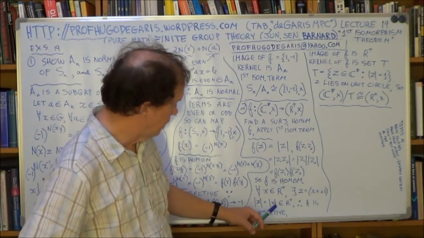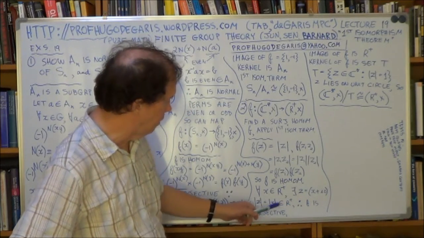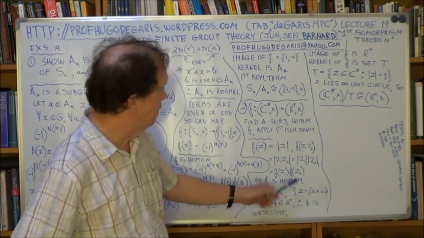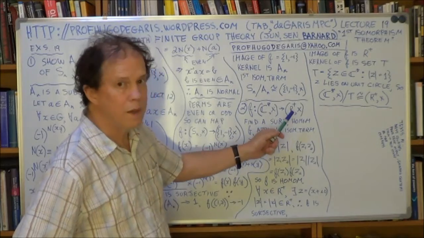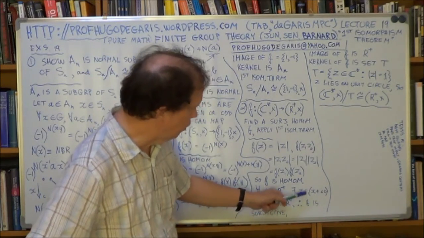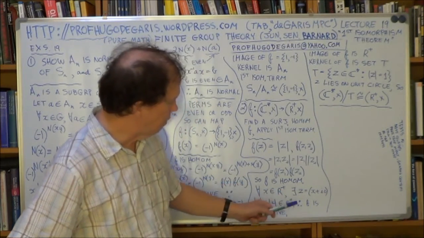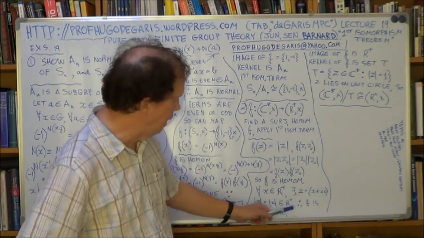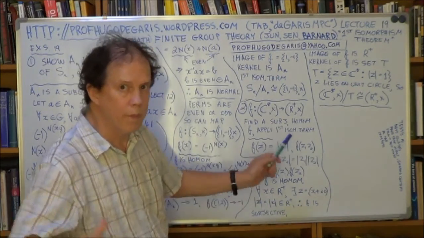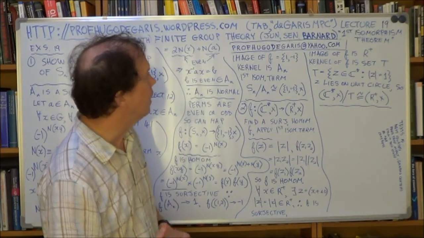So every value of R plus is mapped to by some z. You can find a z of the form x plus i0 that maps to any value in R plus. So it's surjective. This f is surjective. All right.